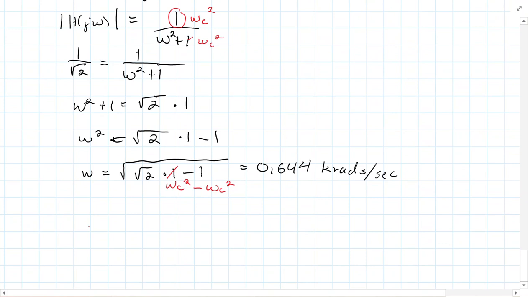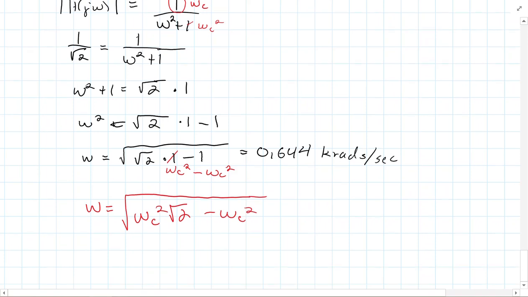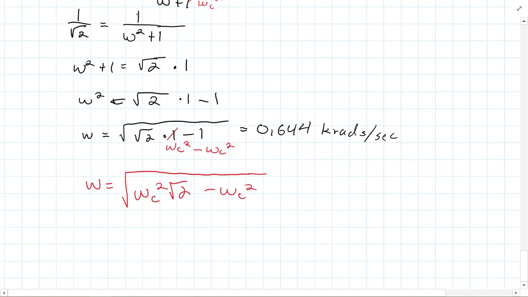So really what I have here is omega is equal to the square root of omega c squared, square root of 2, minus omega c squared. Which, wait, there's an omega c squared in both of those, so you could factor it out.